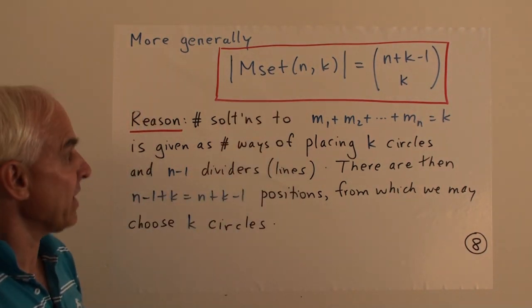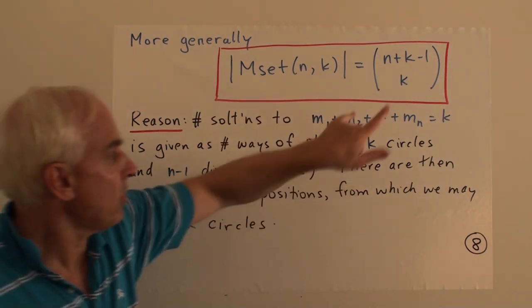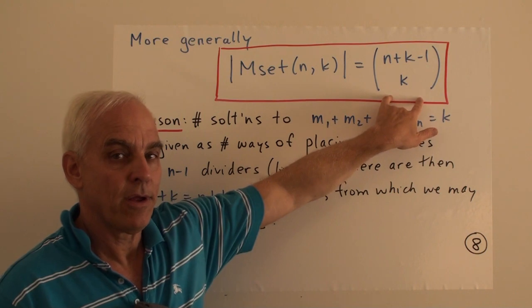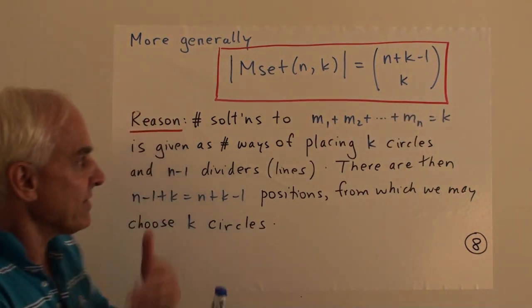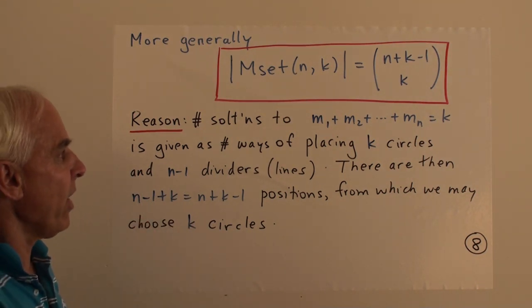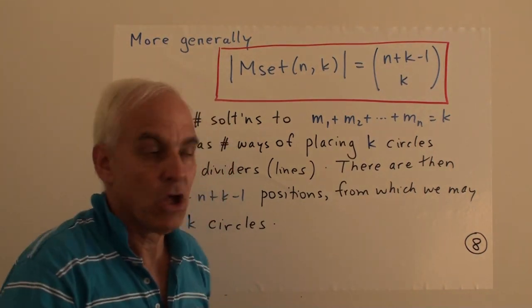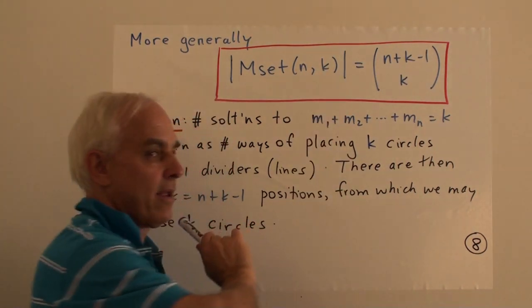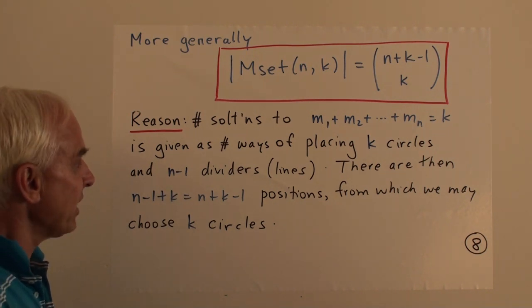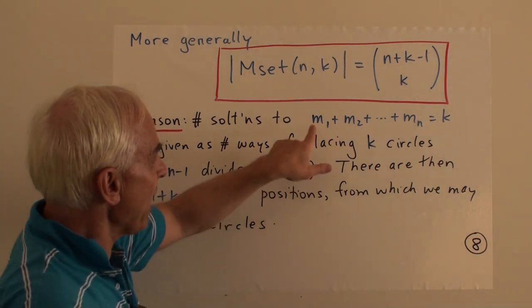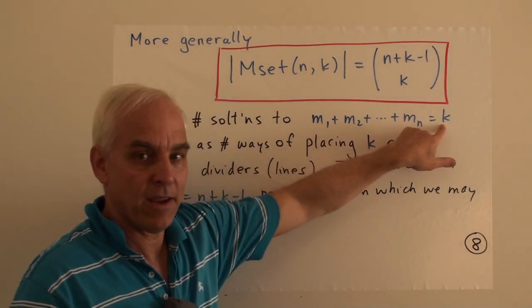Here is the formula for the number of k multisets from n. It's also a binomial coefficient, but it's formed from the n and the k in a somewhat more complicated way. It's n plus k minus 1, choose k. And the reason is because what we're counting is the number of solutions to the equation m1 plus m2 plus all the way up to mn equals k.